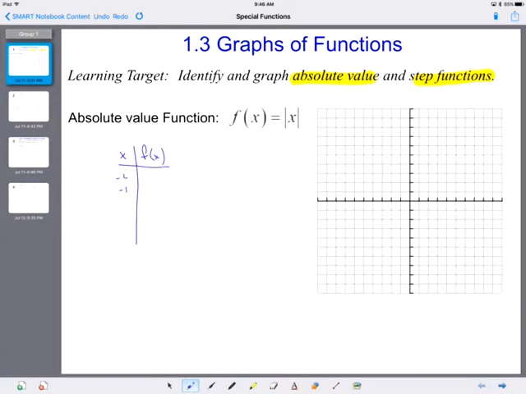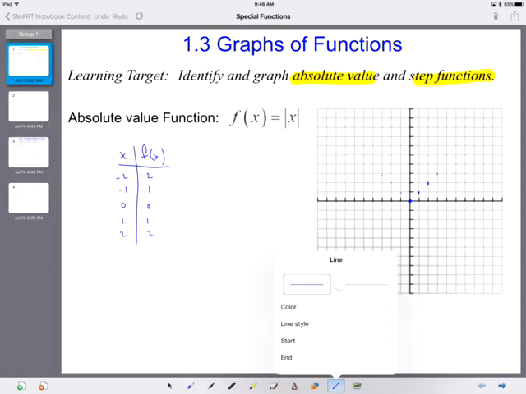So we want to plug values in of negative, positive, and 0, and then the outputs are going to be the distance from 0. So we are going to get a V-shaped graph for absolute value functions, which is really a piecewise function of two lines.